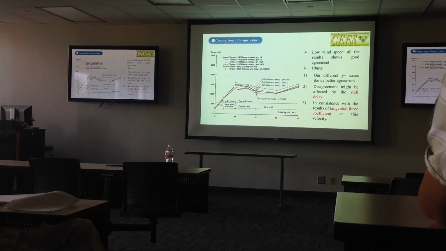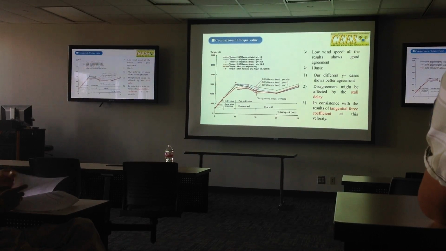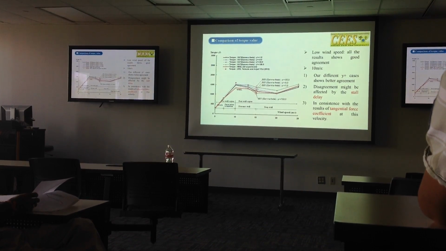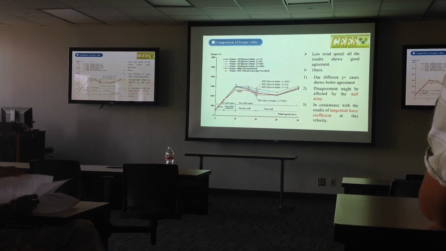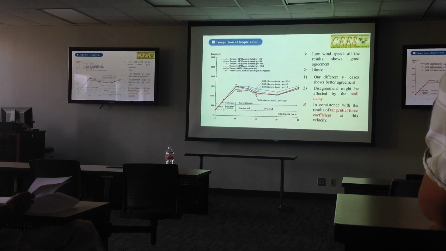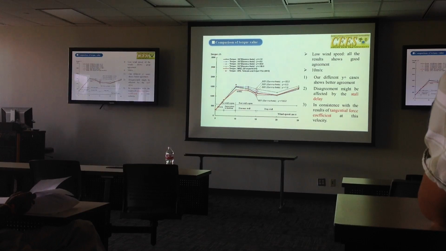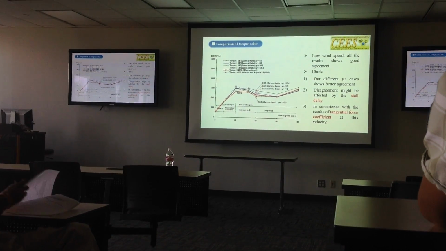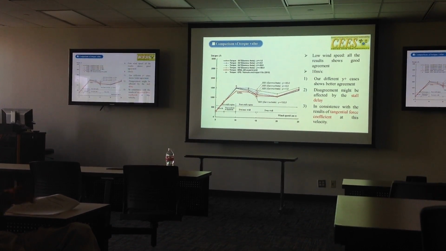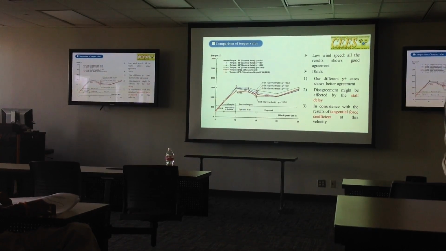But a little difference with the experiment still exists there. The reason can also be explained by the stall delay, and this disagreement is consistent with the tangent force coefficient.